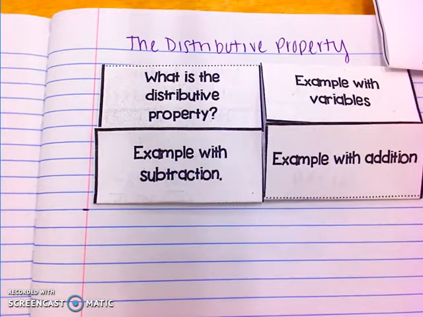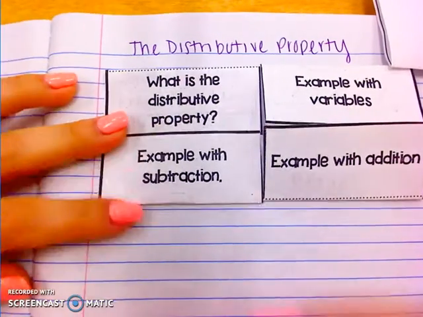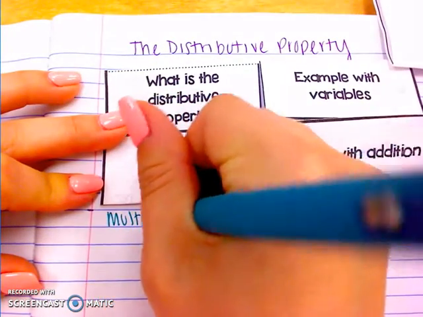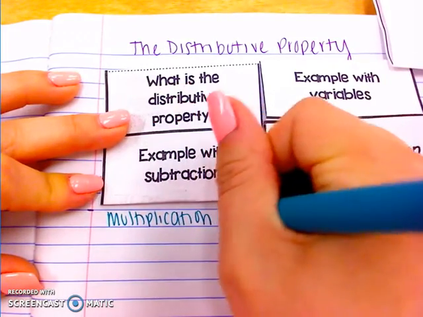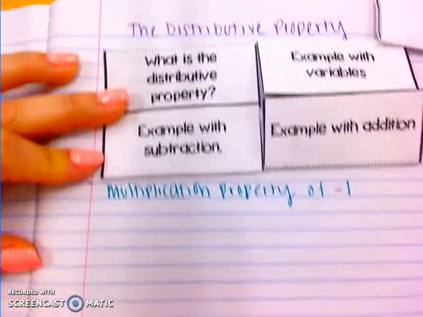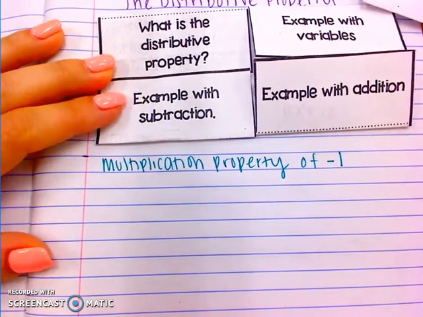The next thing that we're going to look at is using the multiplication property of -1. Okay, and it sounds complicated, but you've seen this a bunch of times before.